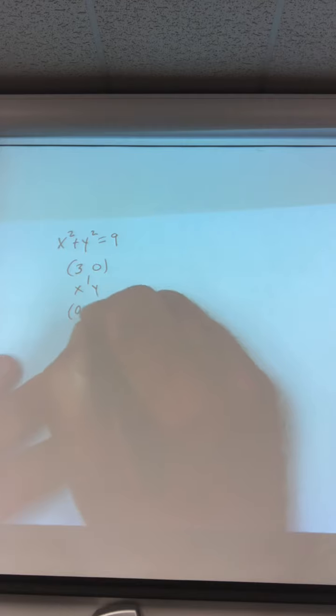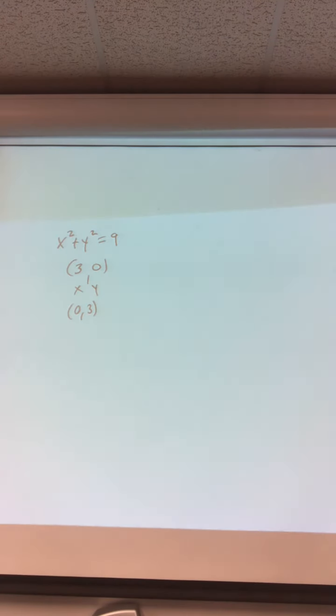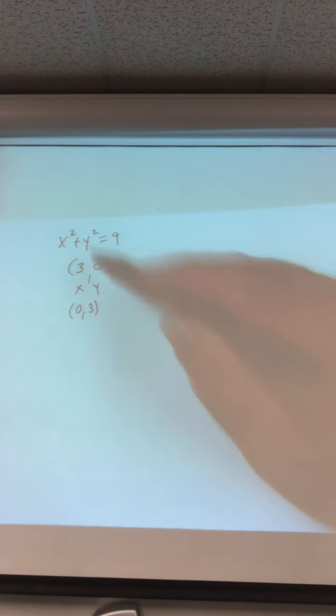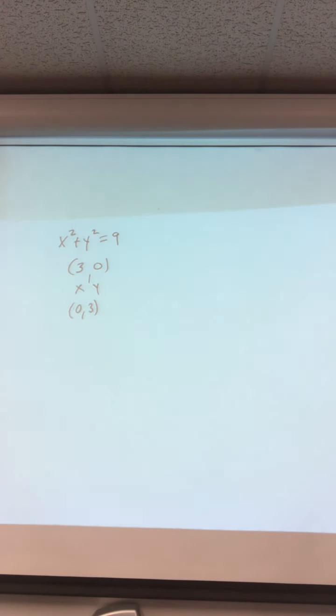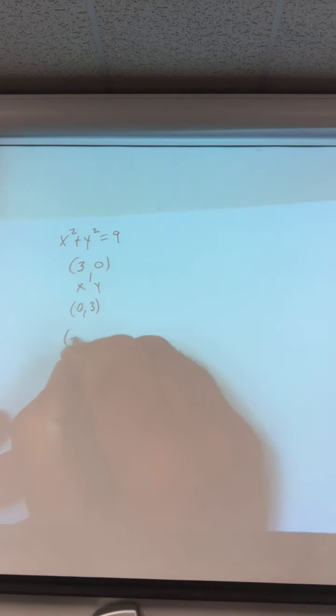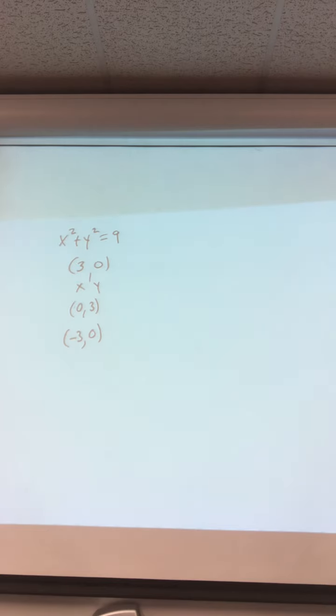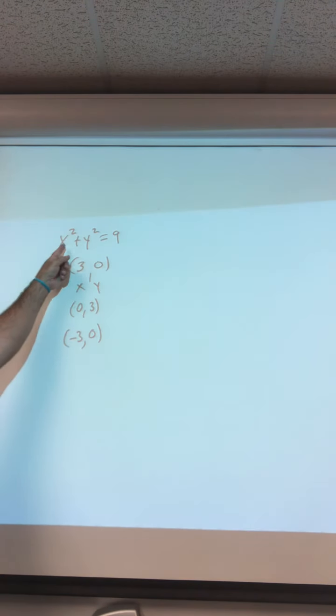But so is 0, 3. If you let x be 0 and y be 3, you still get 0 plus 9, which is 9. Now, not only that, let me do a couple of others. Is negative 3, 0 a solution? Yes, because if you square negative 3 times negative 3, that is 9, and 9 plus 0 is 9.